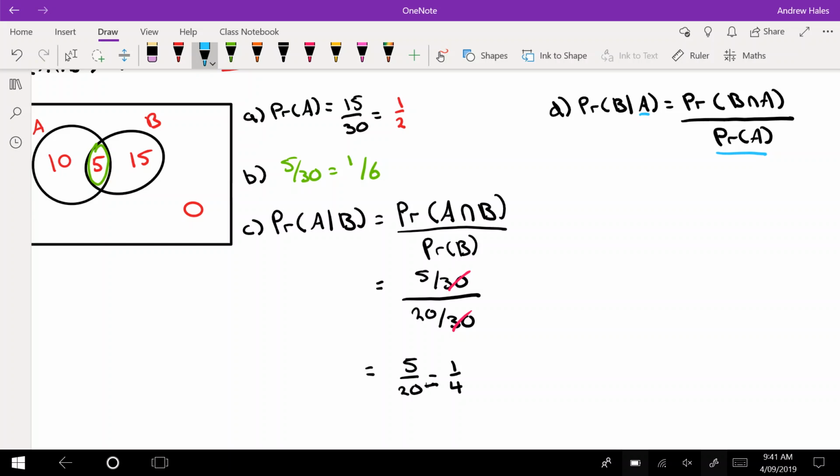Luckily for us, the intersection of B and A is the same as the intersection of A and B, so our numerator is again 5 out of 30. It's our denominator this time that changes, and that's just going to be 15 out of 30. The 30s are again going to cancel each other out, so we're going to get 5 out of 15, so 1 out of 3.